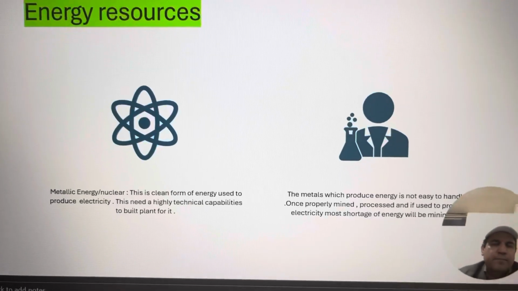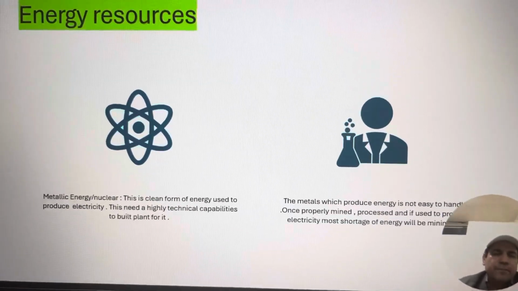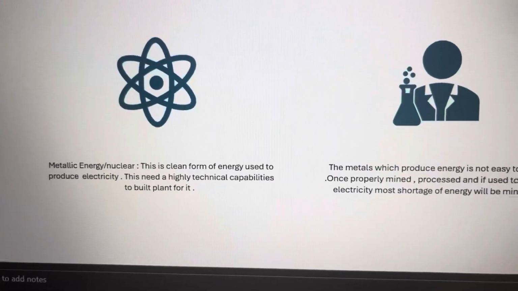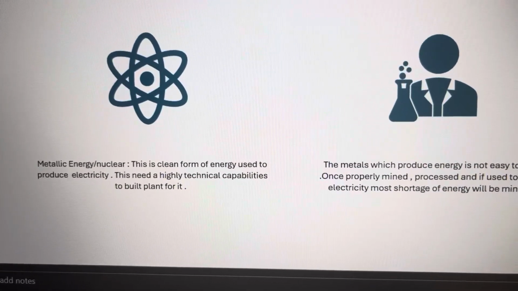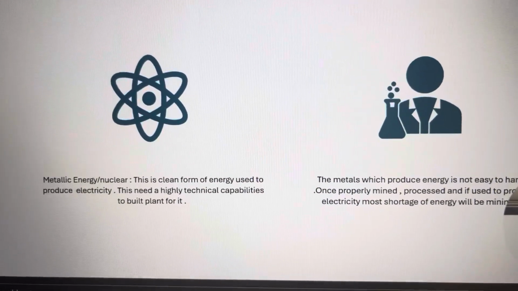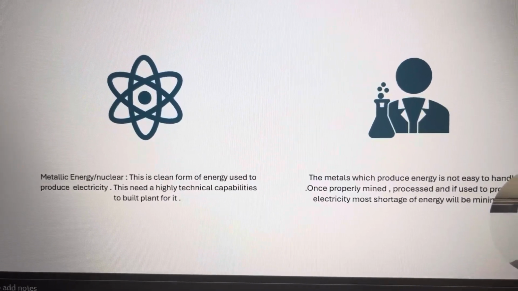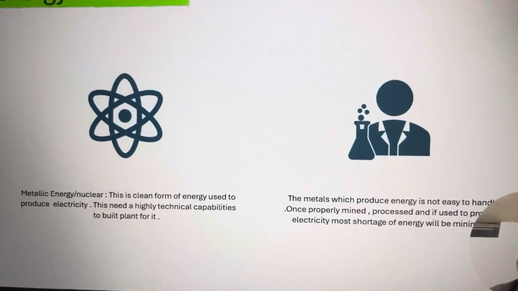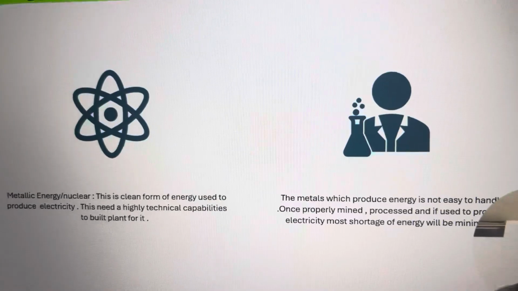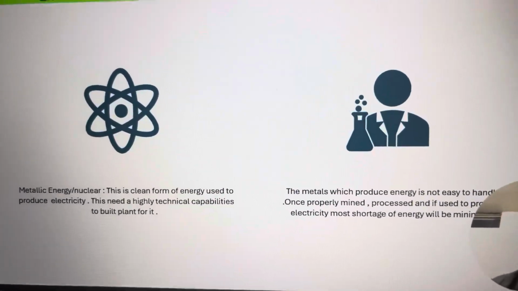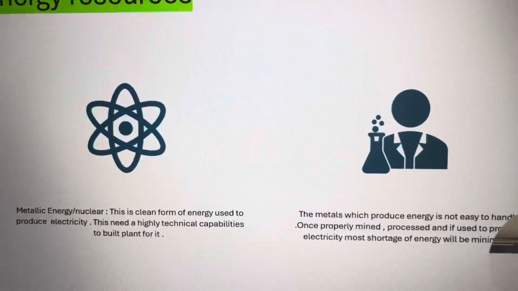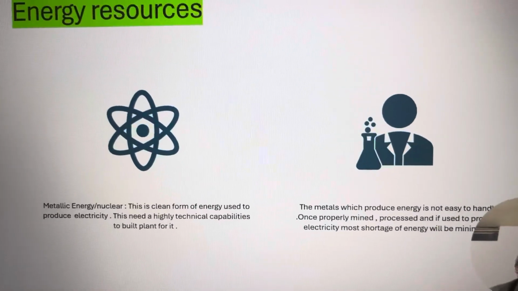Energy from metallic or nuclear sources is clean energy, but it needs highly technical capabilities to build a plant. Once that is built, you can produce the required energy from it, so it can minimize the shortage of energy.